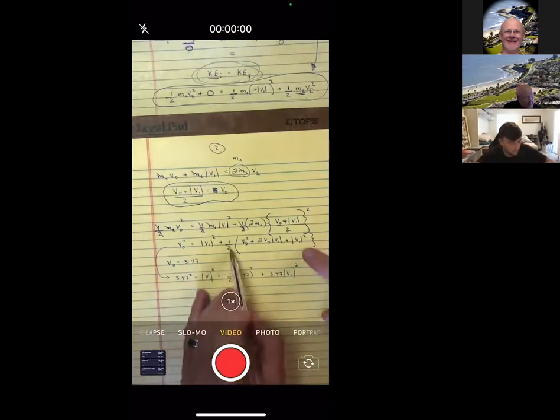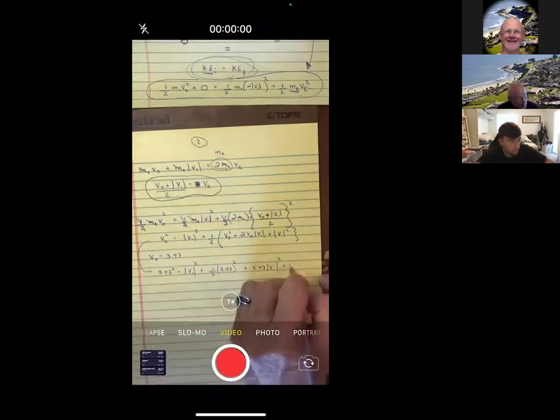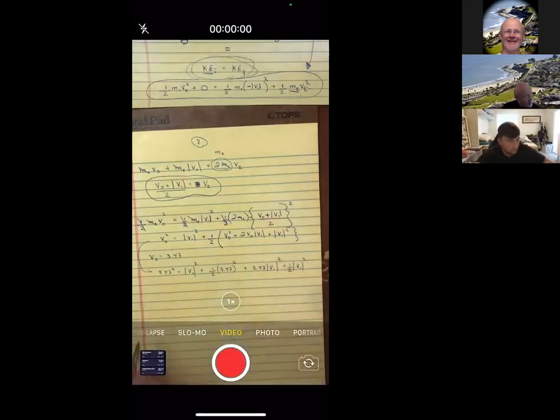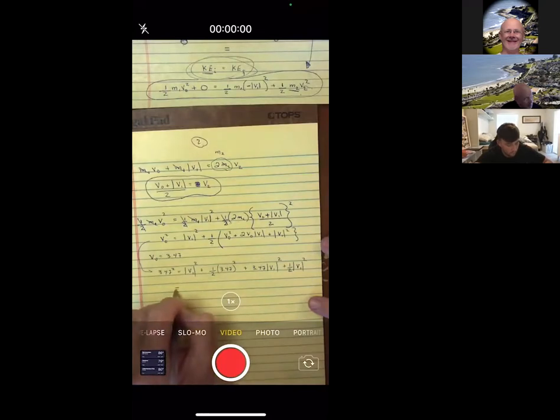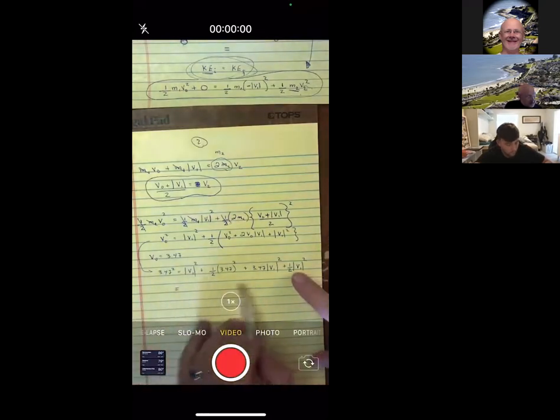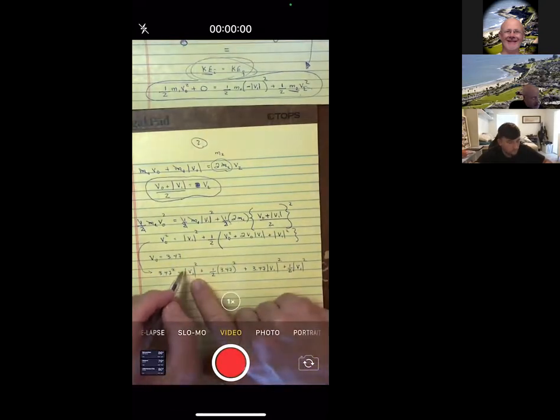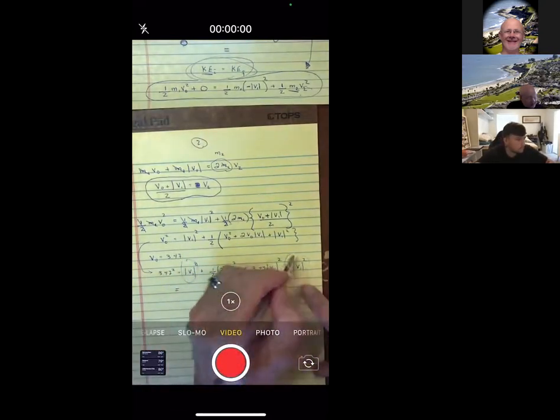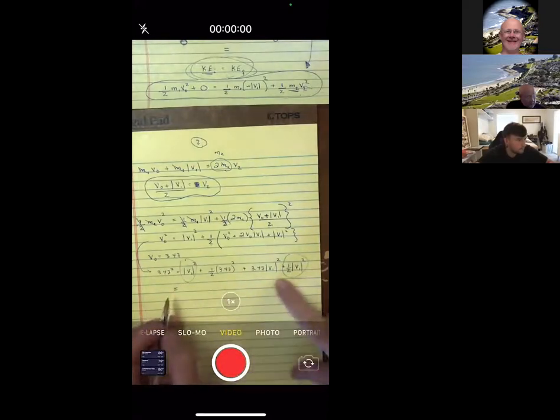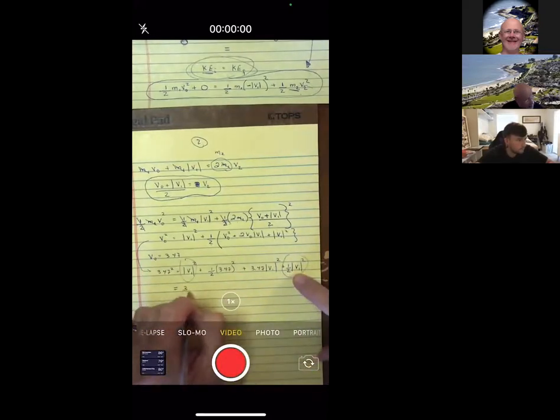And then I would have a 1/2 magnitude of V1 squared. So if I simplify this, it looks like this one here, this first term, and this one here are the same. So I've got 1 plus 1/2. So that's 3/2 V1 squared.